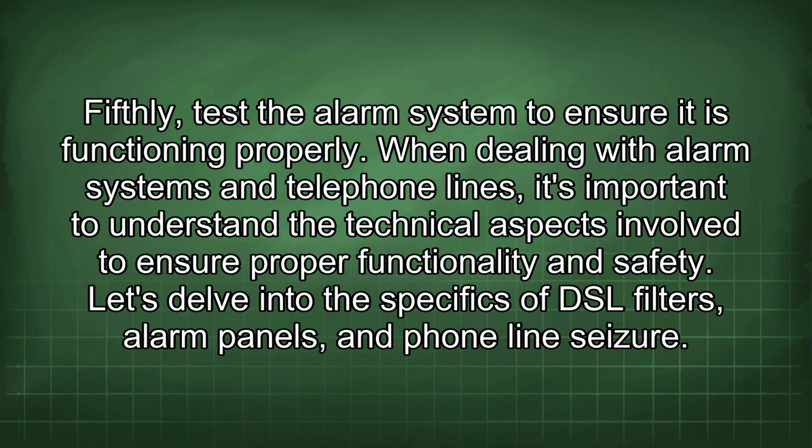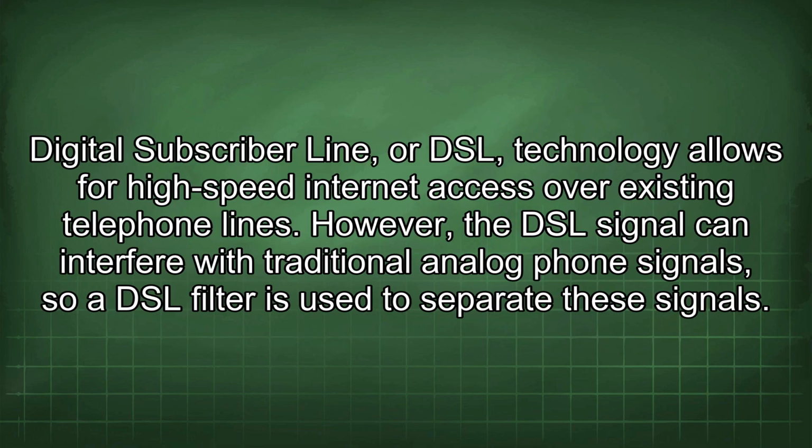When dealing with alarm systems and telephone lines, it's important to understand the technical aspects involved to ensure proper functionality and safety. Let's delve into the specifics of DSL filters, alarm panels, and phone line seizure. Digital subscriber line, or DSL, technology allows for high-speed internet access over existing telephone lines.